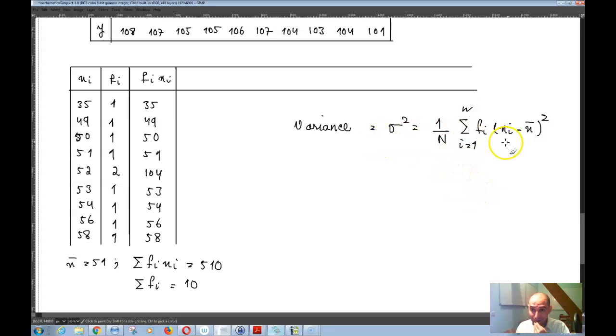So I need to calculate all the x of i minus x bars related to these observations. So I calculate x of i minus x bar and square it.